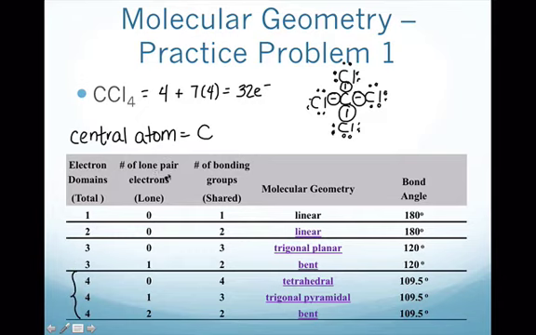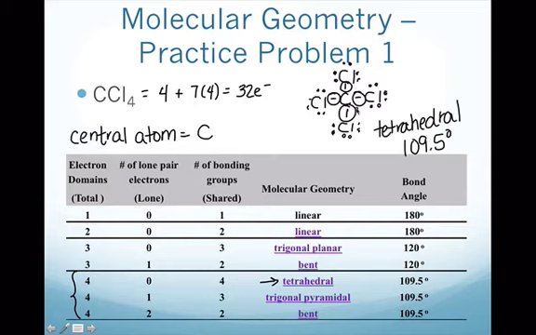There are no lone pairs because there are no double dots around the carbon. They're all single bonded. So there are 0 lone pairs. All 4 of them are shared. So that tells me that this is a tetrahedral shape and that the bond angle is 109.5 degrees. That means between each of these chlorines is 109.5 degrees.